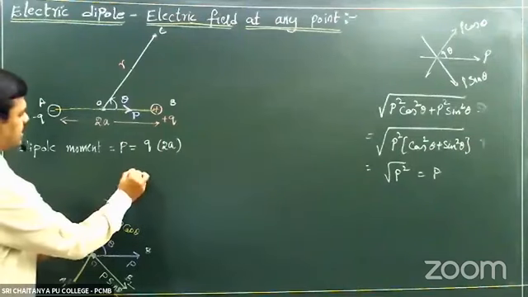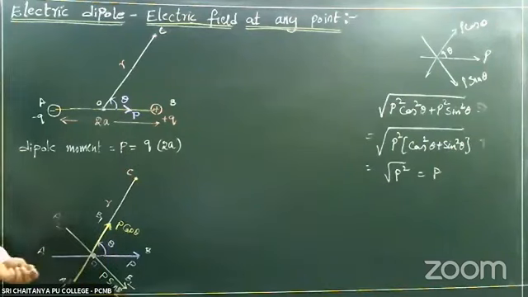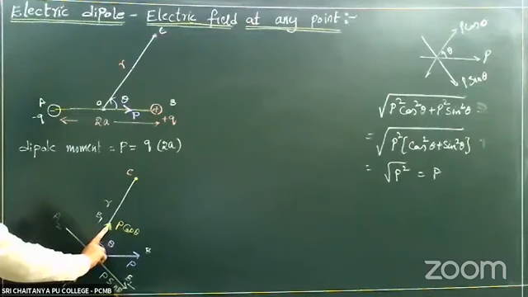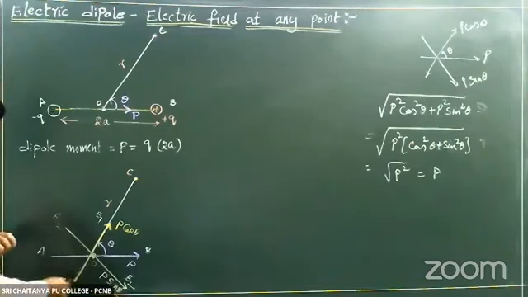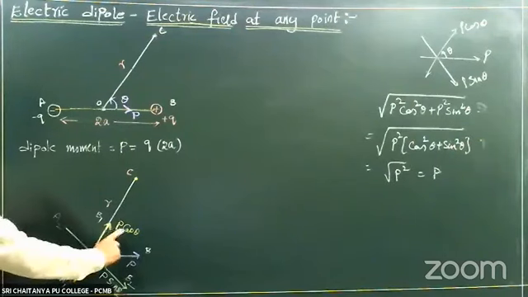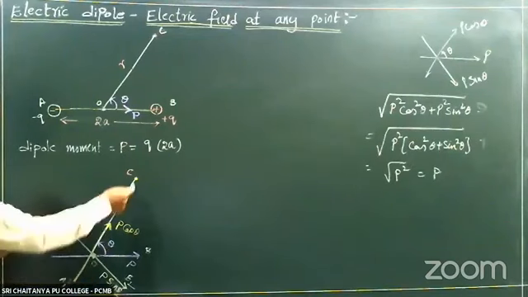Now this is the point C, where you want to find electric field. If I treat this one as a dipole A1, B1, forget all those. Just take this dipole component A1, B1. Treat it as a dipole A1, B1, whose dipole moment is P cos theta.